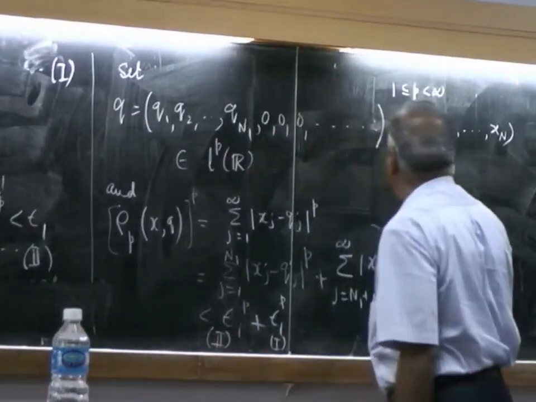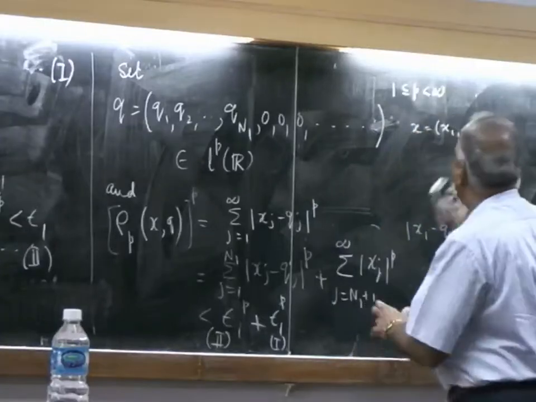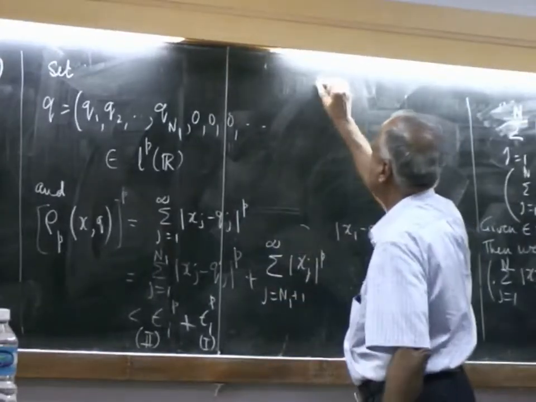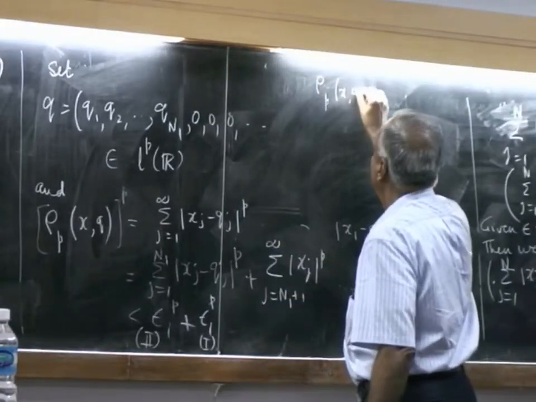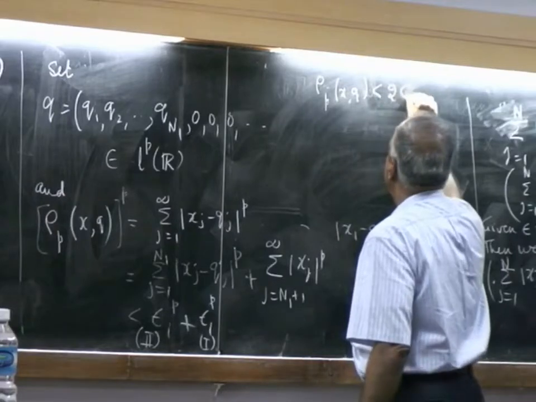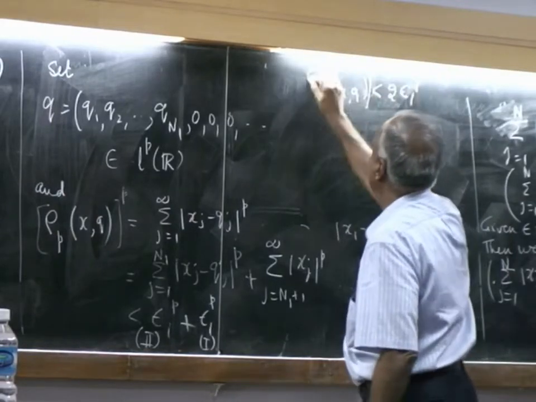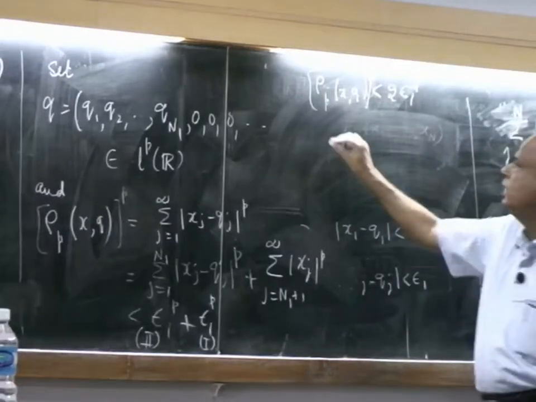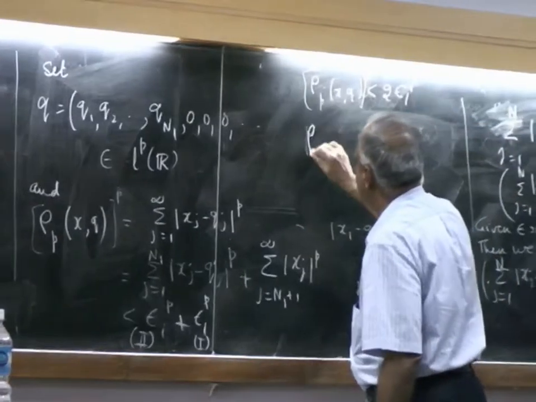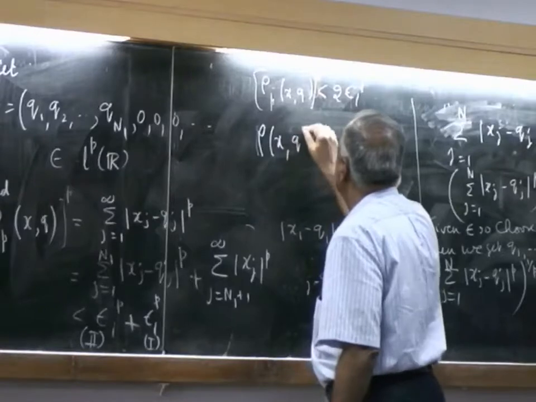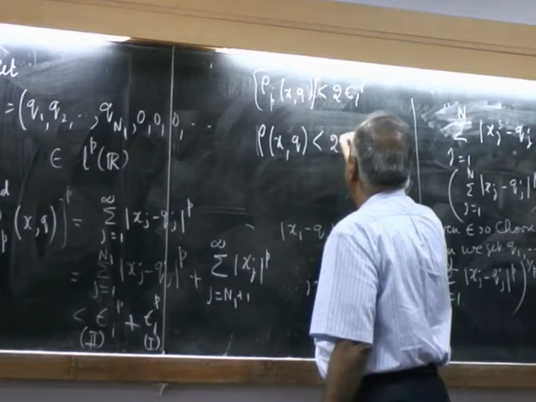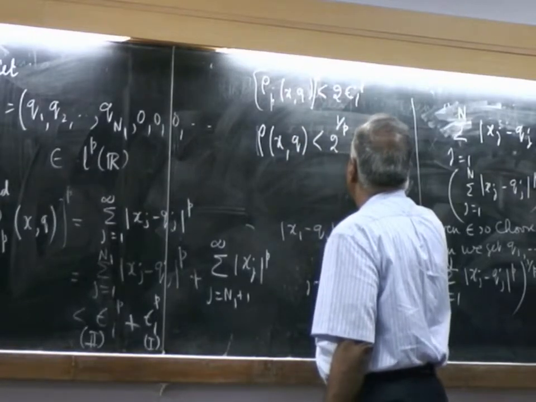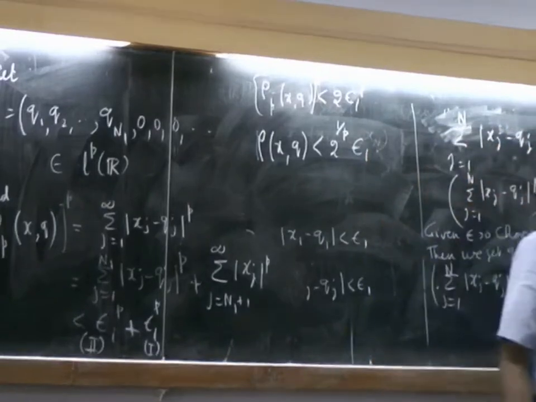So therefore, rho p of x and q is less than 2 epsilon 1 to the power of p, or rho of x and q is less than 2 to the power of 1 over p times epsilon 1. So now what do I do?